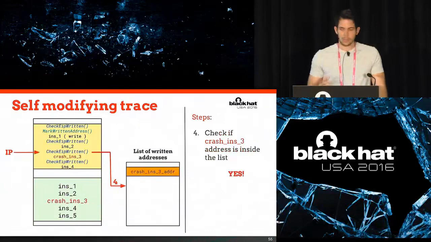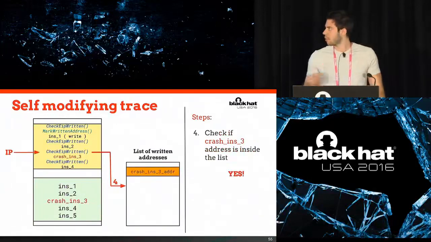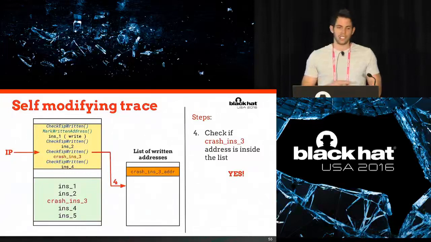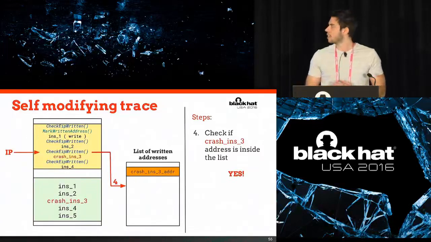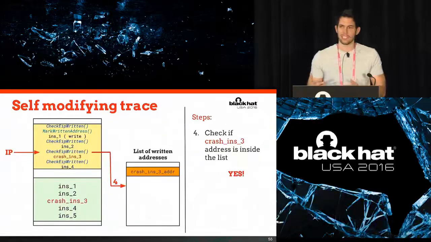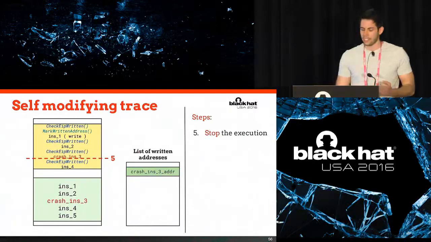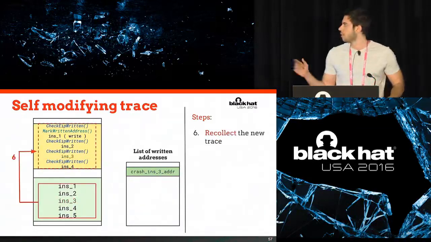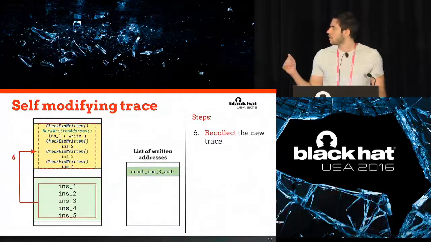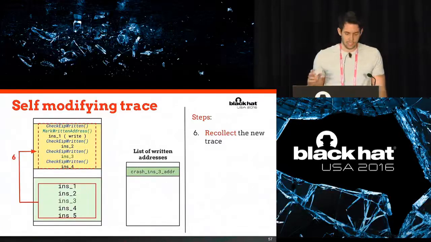But before the execution of the problematic operation, our analysis routine can correctly detect that the instruction pointer has been overwritten before. So instead of continuing the execution, we force PIN to break the trace and collect a new one from the main module. The resulting trace is the one that would have been executed without PIN on the binary.